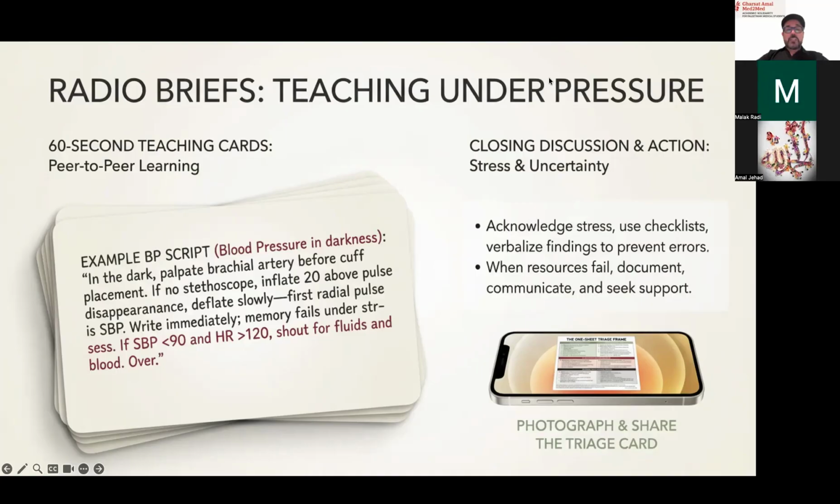Deflate slowly. The first radial pulse is the systolic blood pressure. Write immediately because our memory fails under stress. If the systolic is below 90 and the heart rate is more than 120, shout for fluids and or blood if the patient is bleeding.